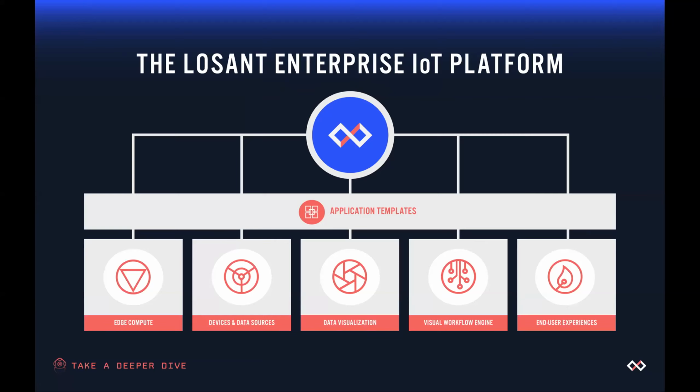All the way from edge compute, where you can have local control for your devices, to device and data sources, to data visualization, all the way to your end user experiences. We try to cover those core components you would need to build a connected solution. The one we're going to be talking about today, the application templates, I like because they bring together a lot of these components and give you great examples on how to use them. I can't wait to tell you more.